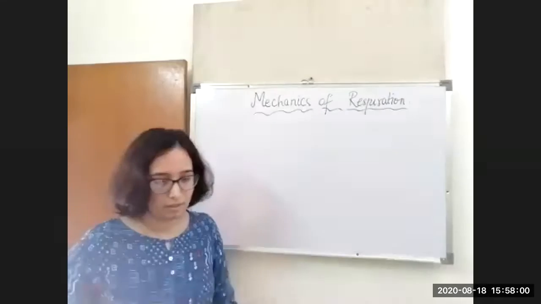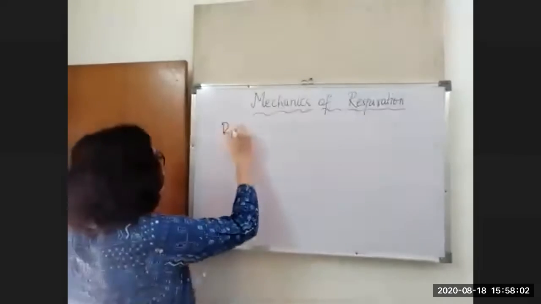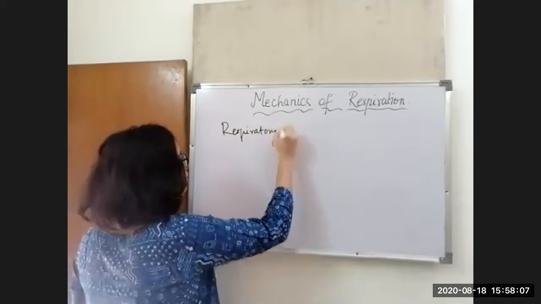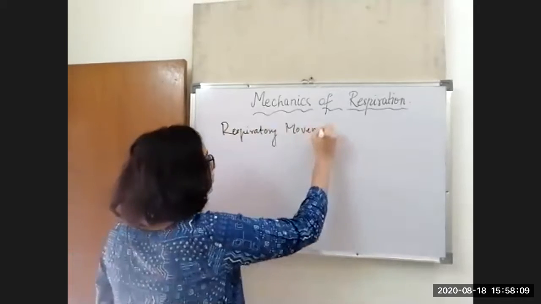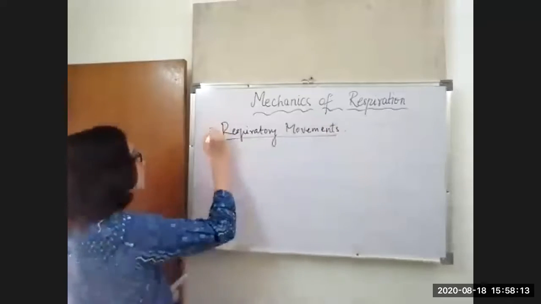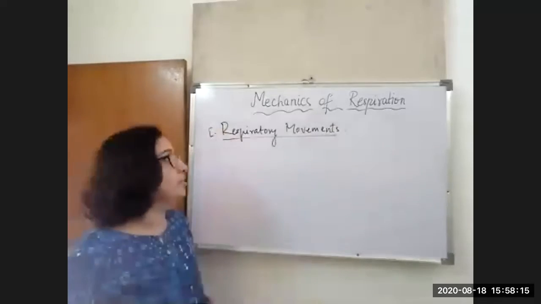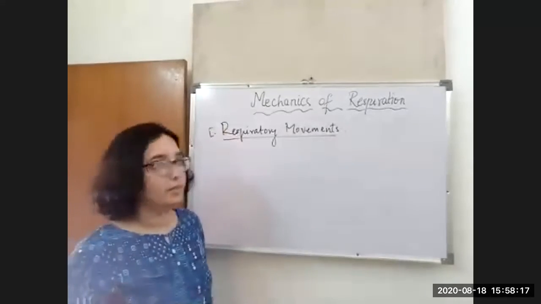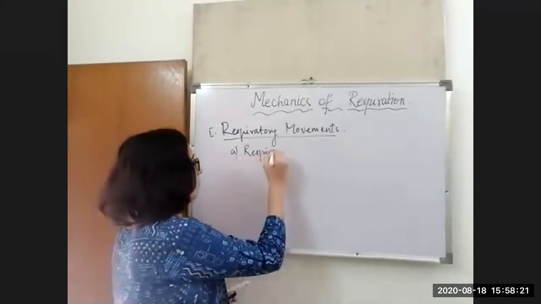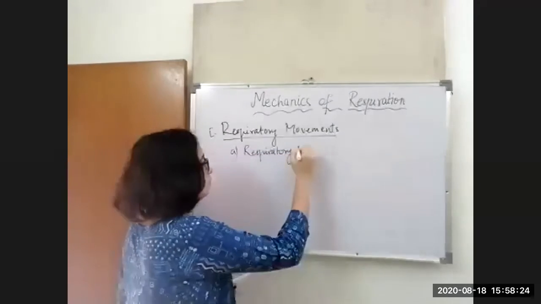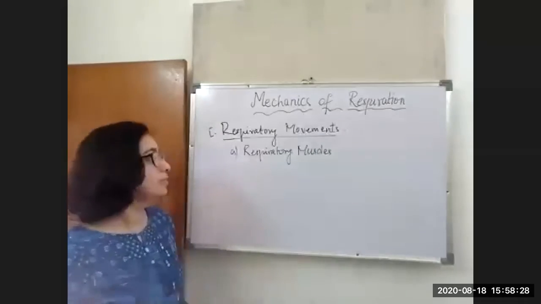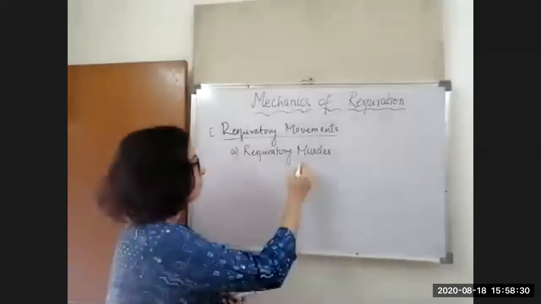So first we'll see the respiratory movements. In respiratory movements, first we will see the respiratory muscles. So respiratory muscles, there are two types.